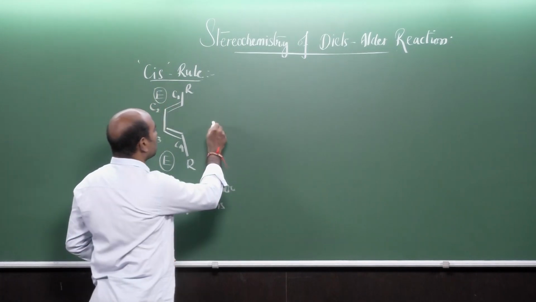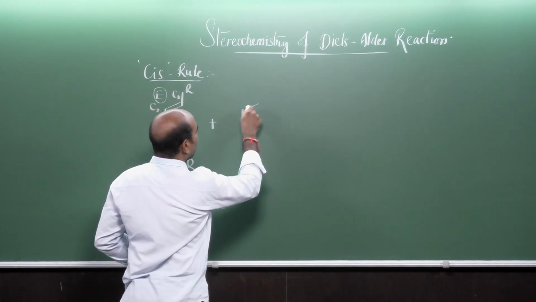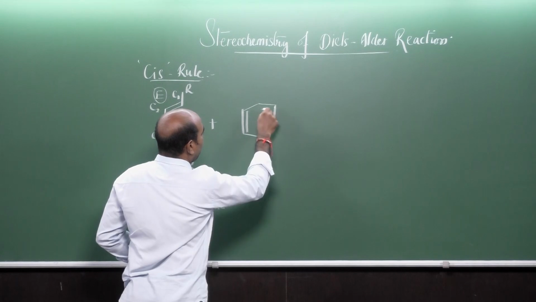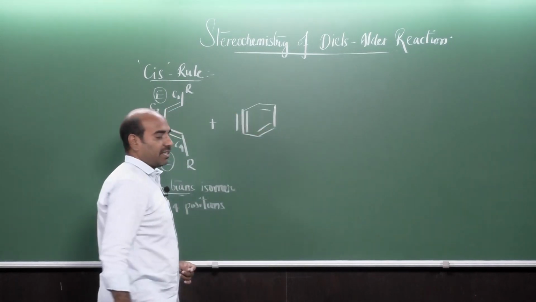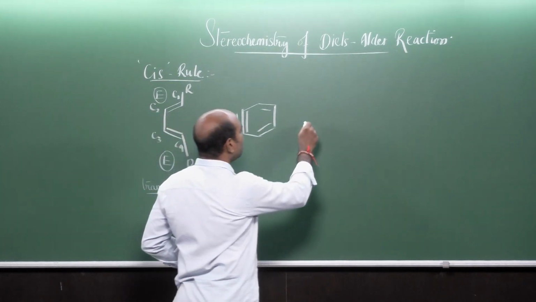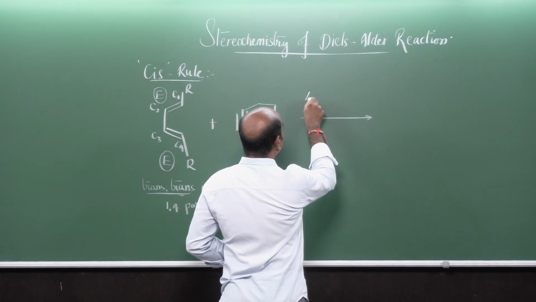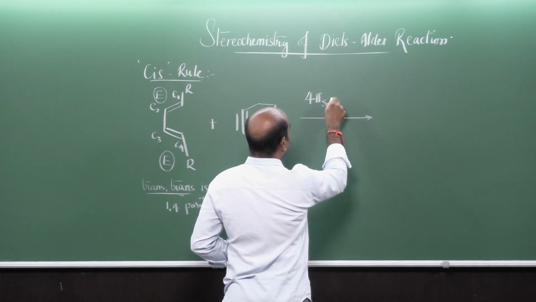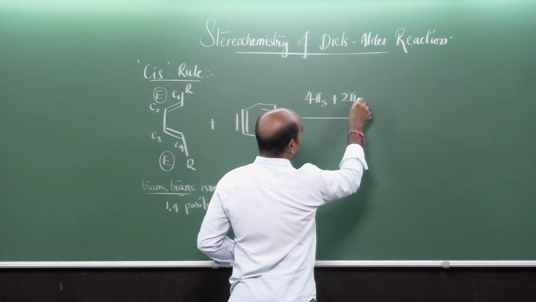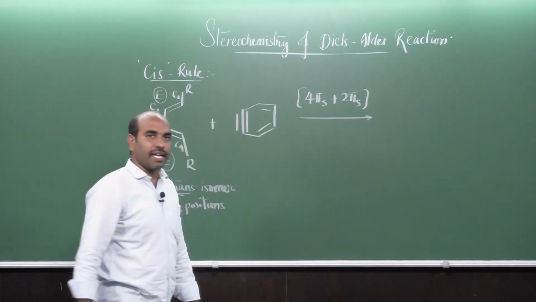If you ask such a diene to react with any dienophile, let us say this one, benzyne, it is an excellent dienophile, right. So what would be the reaction? This is a 4 pi supra plus 2 pi supra cycloaddition reaction, which is nothing but the Diels-Alder reaction.